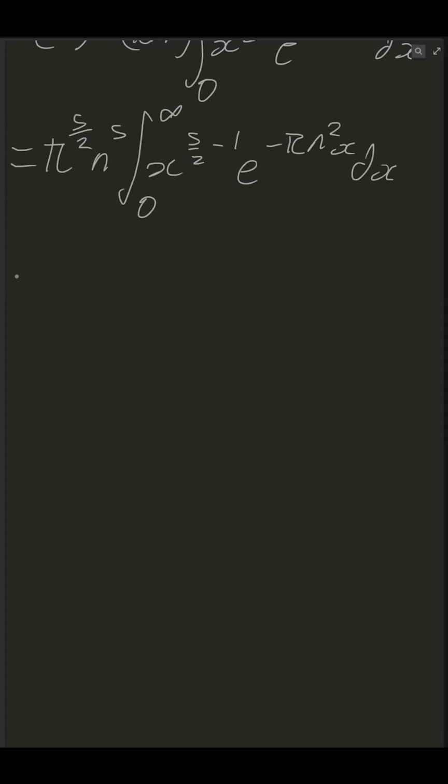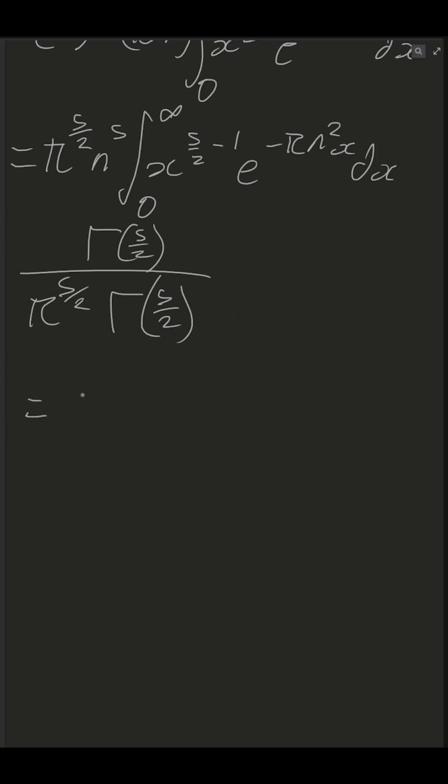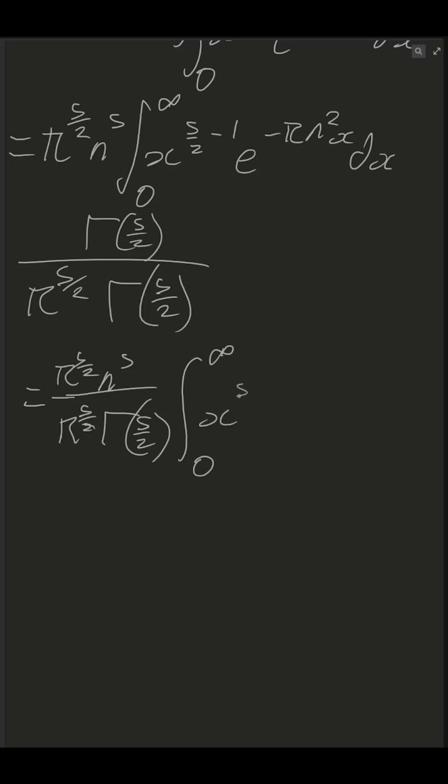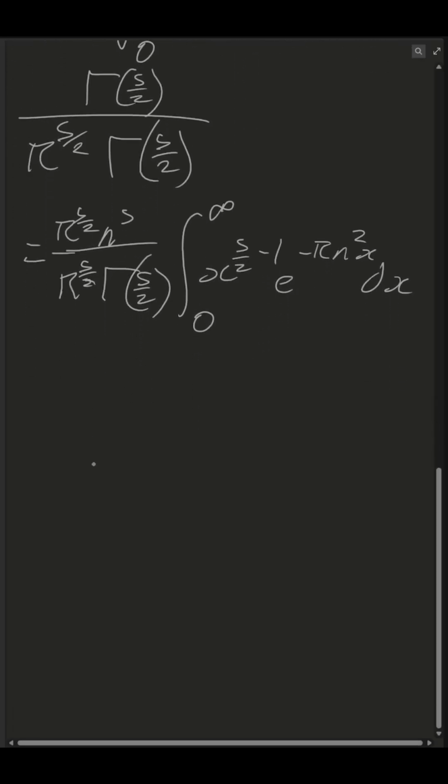If we divide both sides here by pi to the s over 2, then we're saying that pi to the s over 2 gamma of s over 2, and pop our gamma of s over 2 back on top, is equal to this horrible thing: pi to the s over 2 n to the s over pi to the s over 2, gamma s over 2, integral from 0 to infinity of x to the s over 2 minus 1 e to the minus pi n squared x dx. That monstrosity.